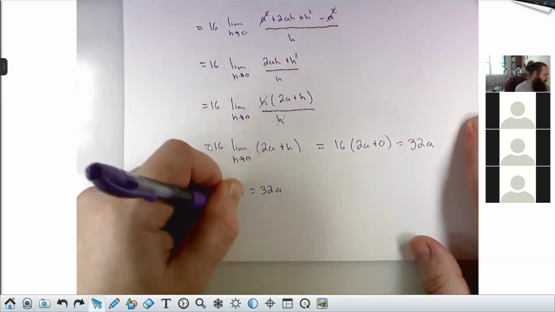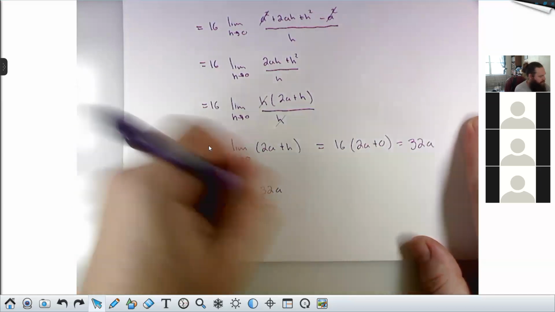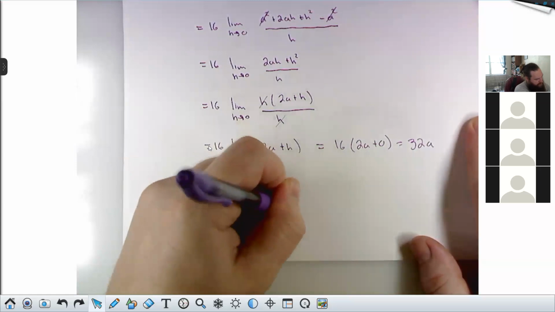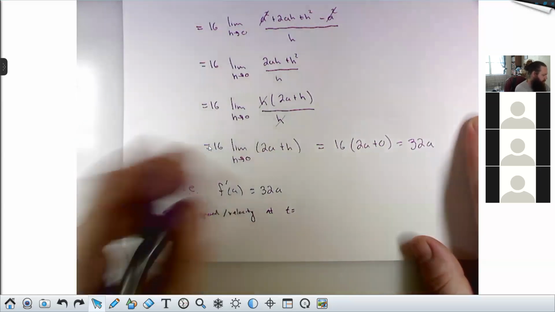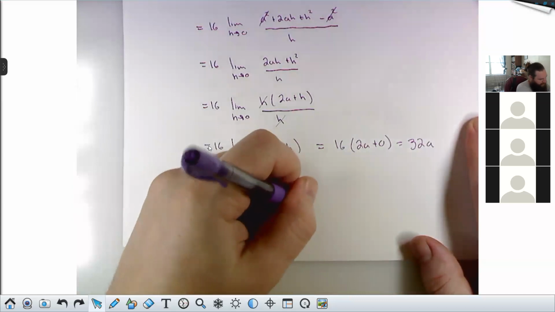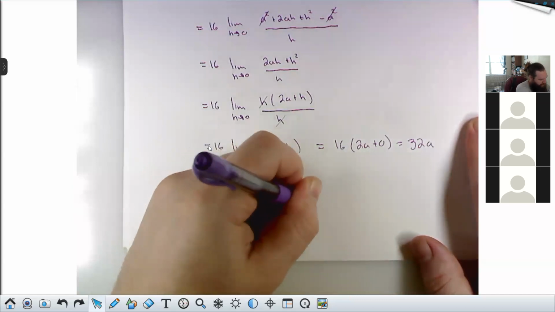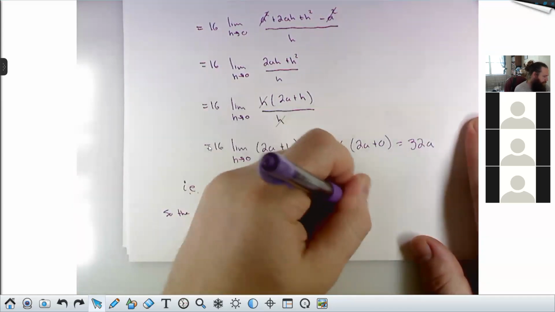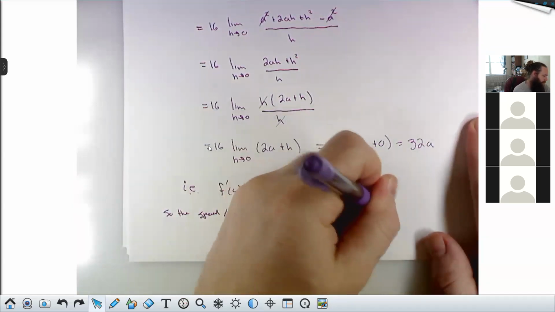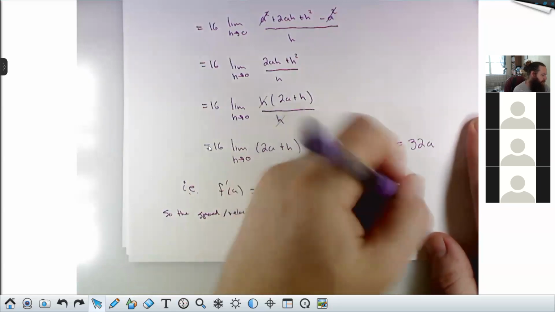Speed or velocity at t equals 1.5 seconds. That would be f prime of 1.5.